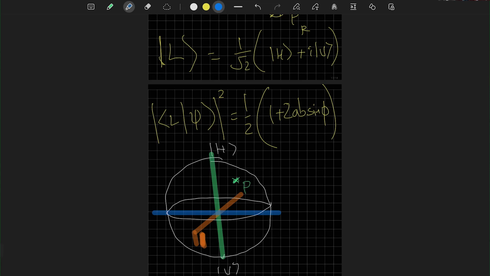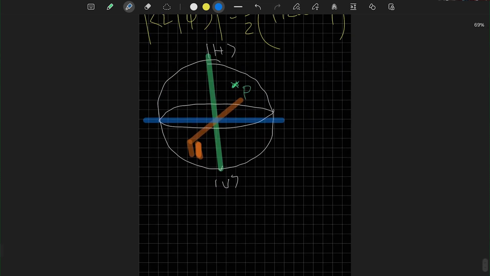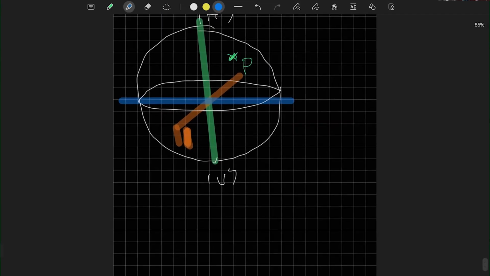So now quantum state tomography proceeds in the laboratory as follows. The quantum state comes in.